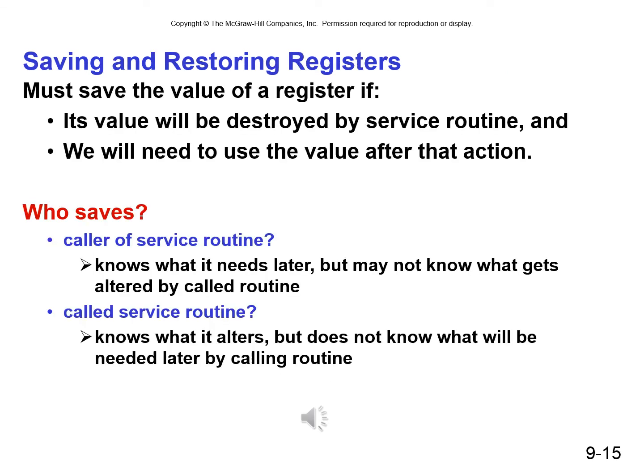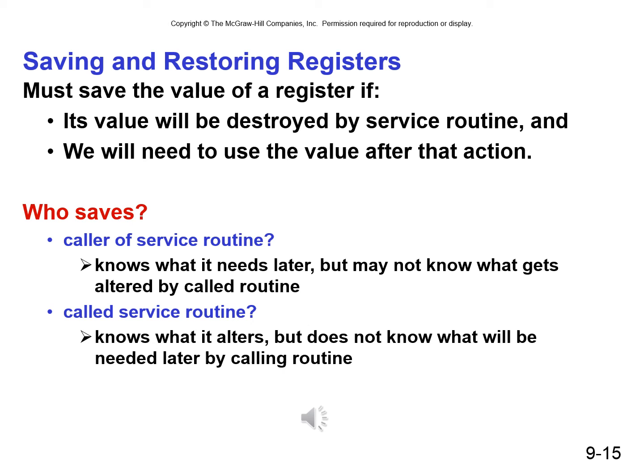So it is critical that the state of your program can be exactly restored after the trap routine is called, executes, and returns. So the values in registers have to be saved if they'll be used or destroyed by the service routine, or we'll need to use the value after the service routine.